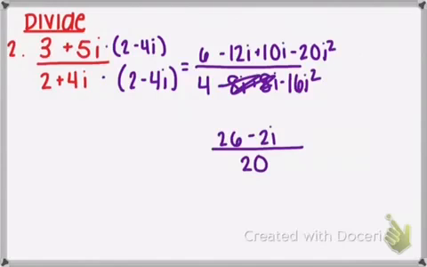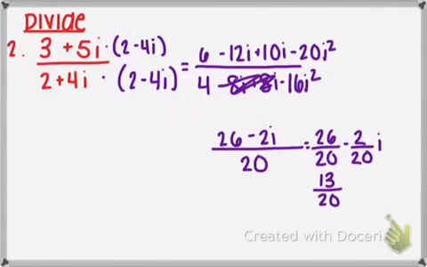Then you separate them and simplify, so it'd be 26 over 20 minus 2i over 20, and because you simplify, it'd be 13 over 10, and negative 1 over 10i.